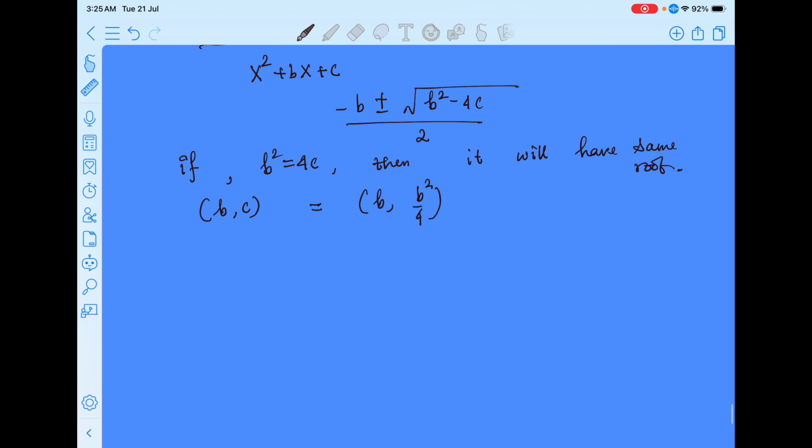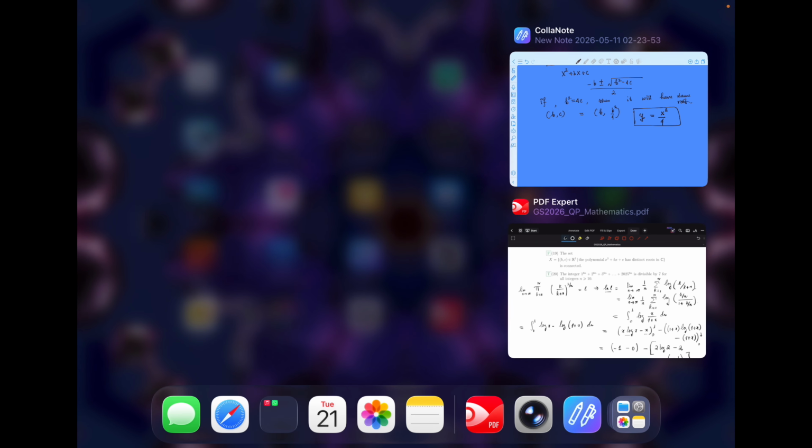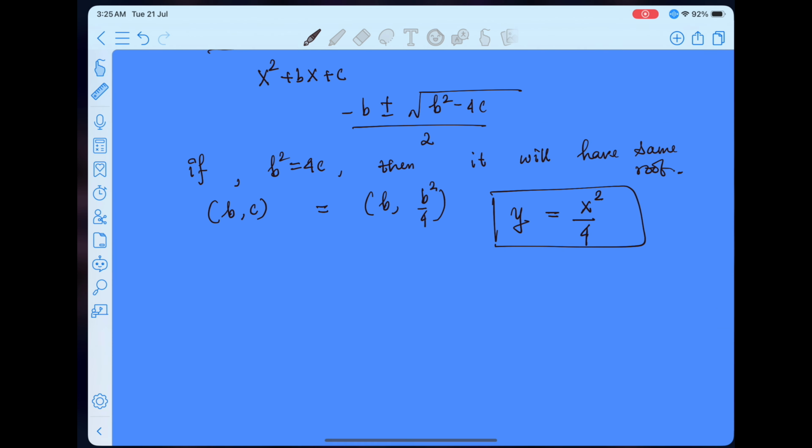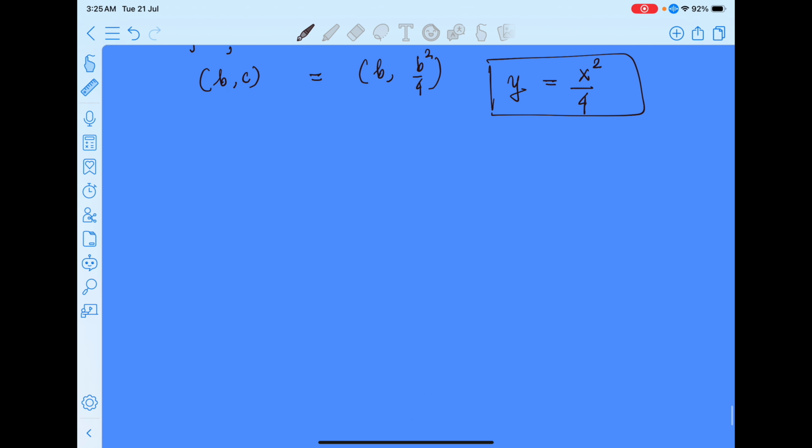So that means y equal to x square by 4. This is the curve. Okay, y equal to x square by 4, right? So if you draw the curve y equal to x square by 4, how can it look like?